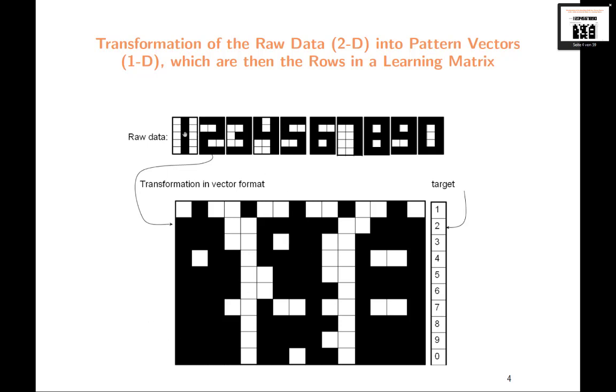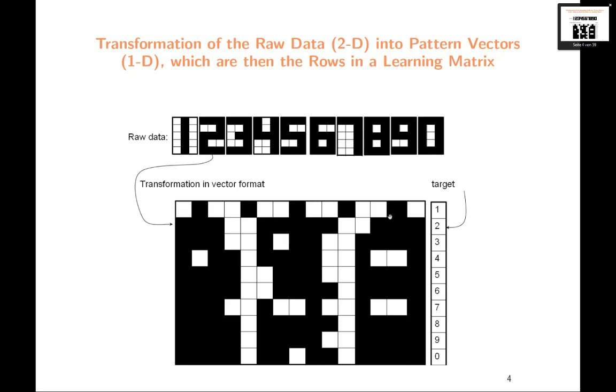So for example, if we look at the 2 here, which is represented in the second row of the data matrix here, that starts with 1, 1, 1, 0, 0, 1. So you see it 1, 1, 1, 0, 0, 1. And here you see the other pixels. So in the same way, each digit here is transformed in one row in this learning matrix.